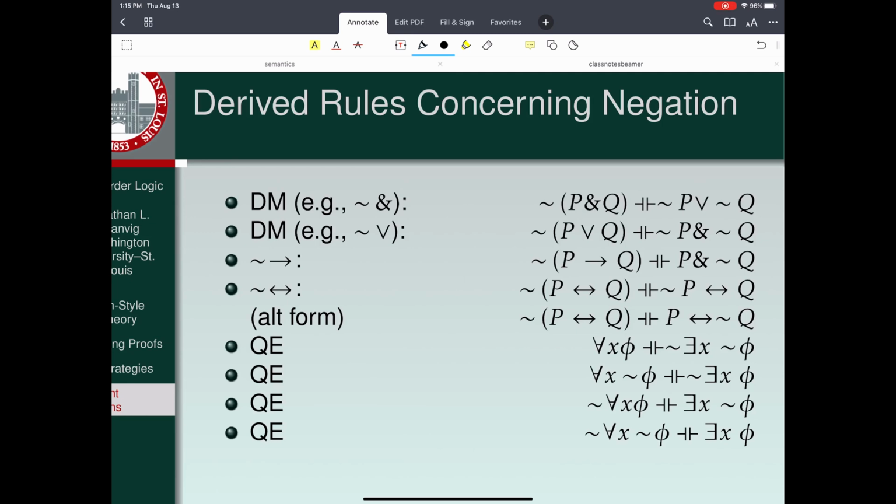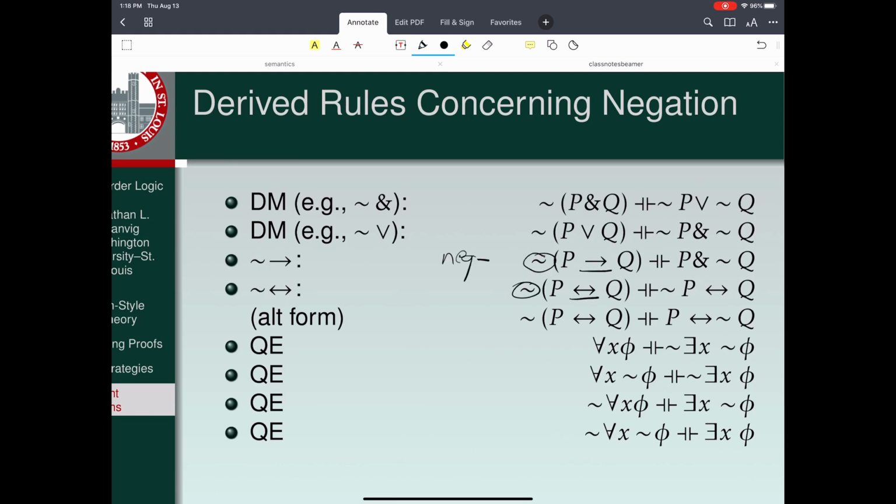If you started out with a negation of P or Q, you end up with a conjunction. It's got negations in there, but its primary form is an ampersand formula. Same thing for ampersand. If you have the negation of an ampersand formula, you end up with a wedge formula. It started out as a negation of something, and it ended up as a wedge. Those are the two forms of De Morgan's rules.